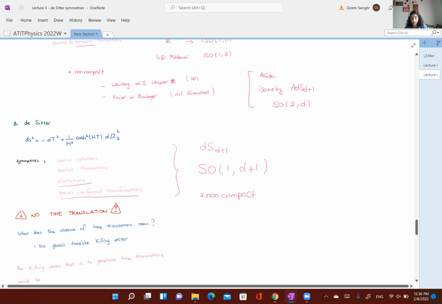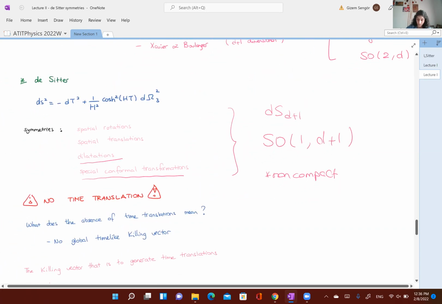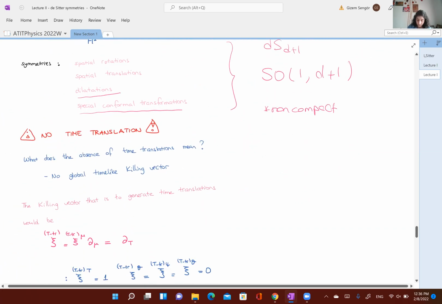So you will not be calculating scattering amplitudes right away, because the machinery for that is not applicable on de Sitter. So you have to ask, what is the question to ask? What is the thing to calculate now? So that's one thing to keep in mind. This is how to digest having different symmetries based on the geometry. But let's stick with more practical things for now.